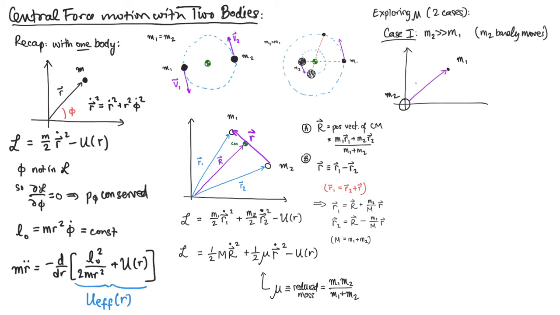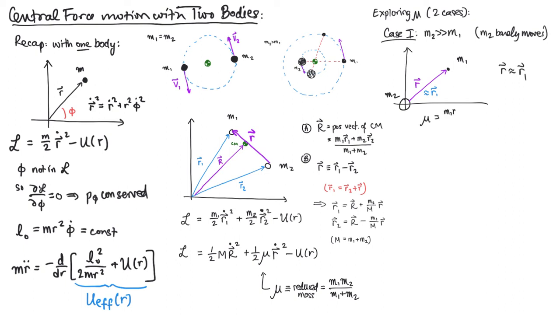r, which points from mass 2 to mass 1, but we can really think of r as effectively the same as R1, which is the position of mass 1 relative to the origin. So one consequence of mass 2 being huge is that r is approximately equal to R1. And we can also see that the reduced mass is going to simplify.